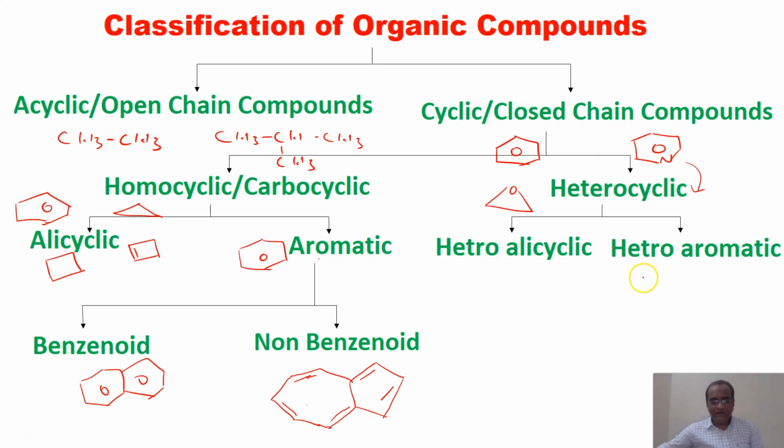Heteroaromatics are compounds like pyridine. Pyridine is a heteroaromatic compound. Why? Because it contains a nitrogen in the middle, and it is heterocyclic because the cycle contains a hetero kind of atom in the middle.